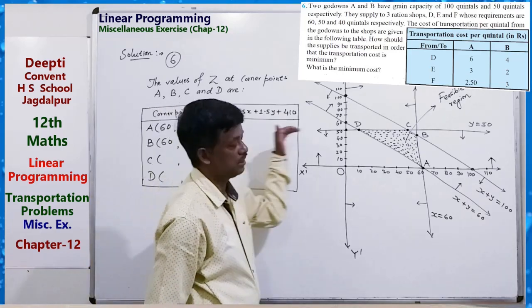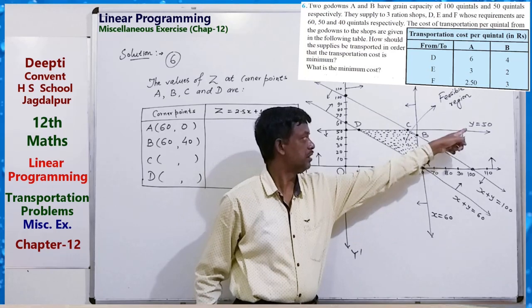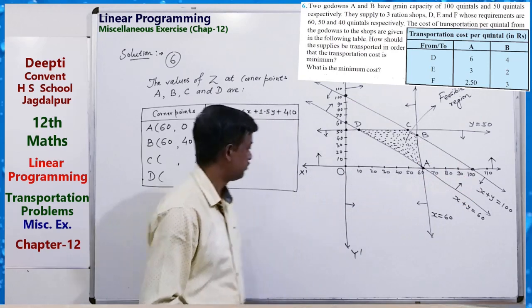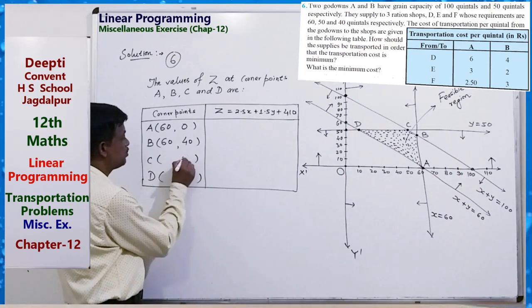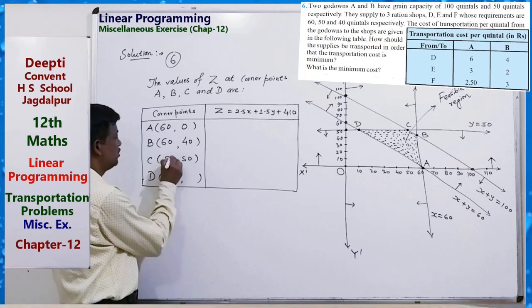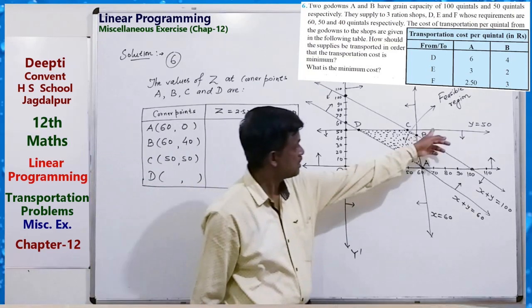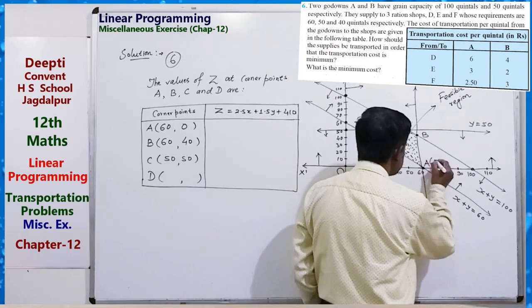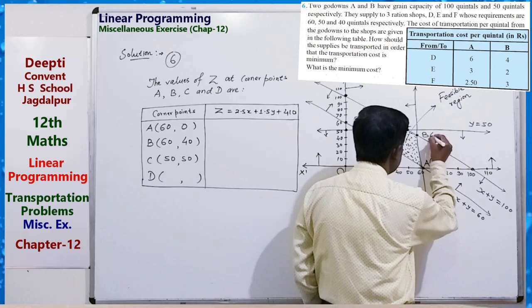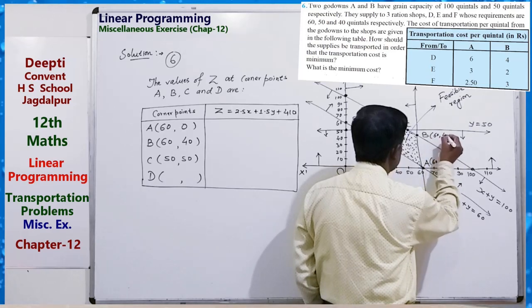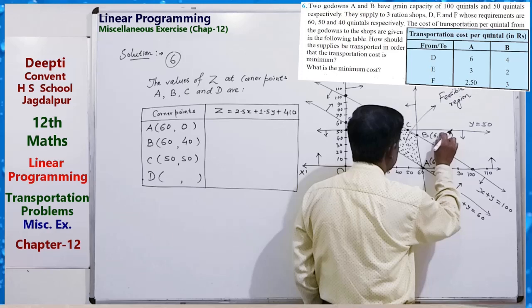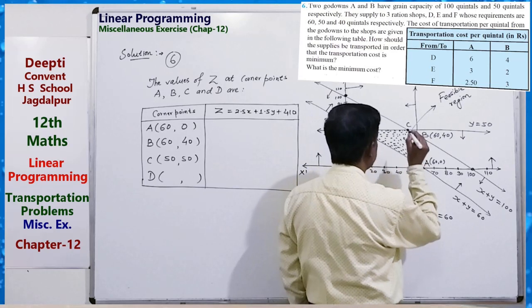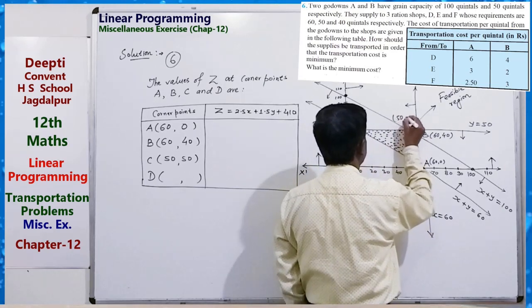For C, y equals 50, and the intersection with this line gives x equals 50, because this line and this line intersect here. So C is 50, 50.